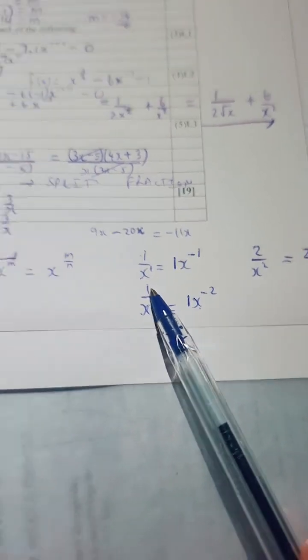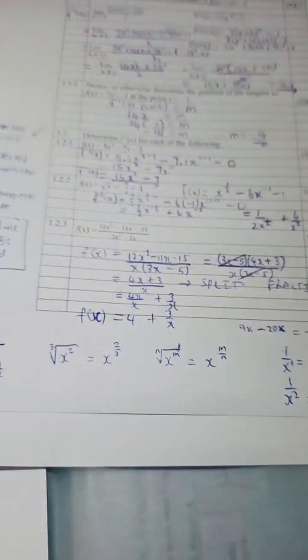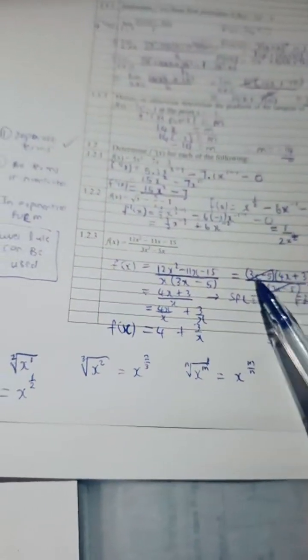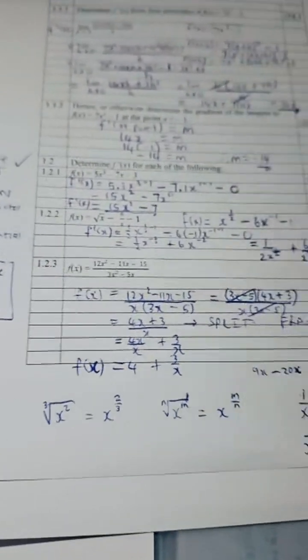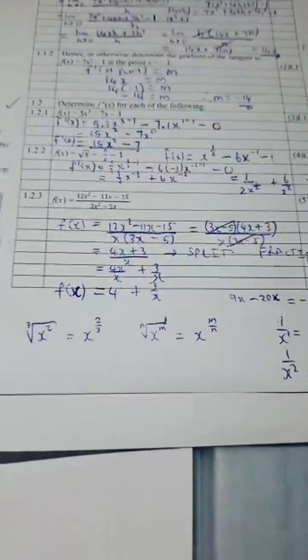Okay. So Miss Him has attempted there in the comment section. So hopefully we can see that, right? Remember we have 4 plus 3 over x, which is f of x.